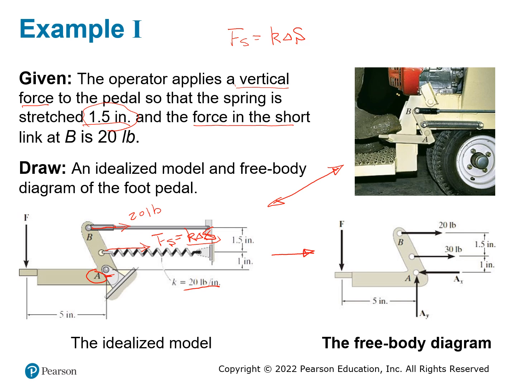So our foot applies a stepping force here. You have a reaction force for the pin, which is AX and AY. We have two other forces from the link and also from the spring. Now the spring force is K, which is 20 pounds per inch, times the change of the length, which is 1.5 inch.